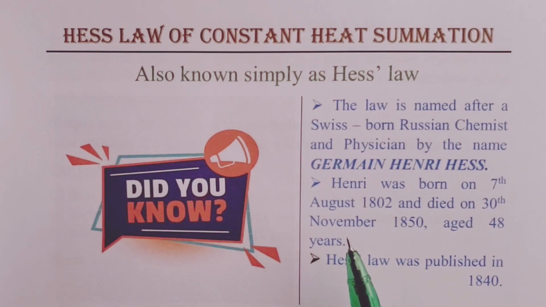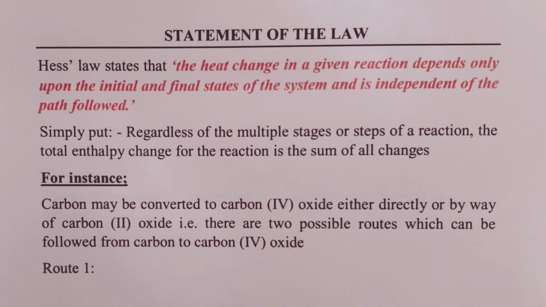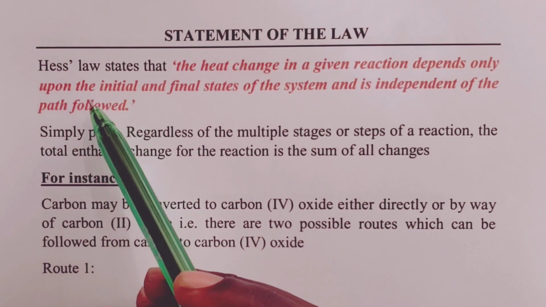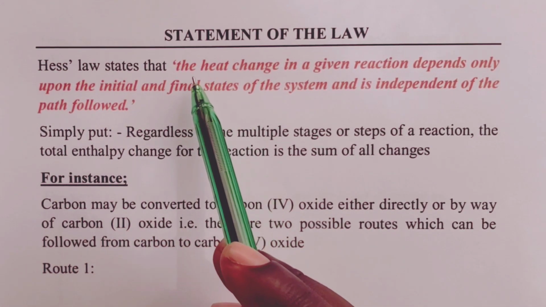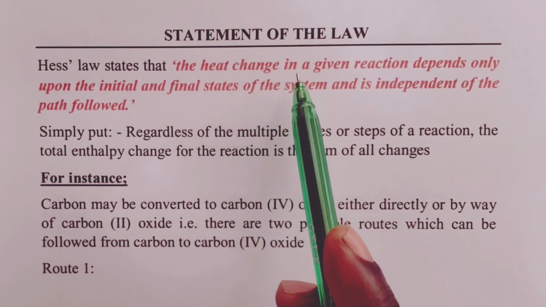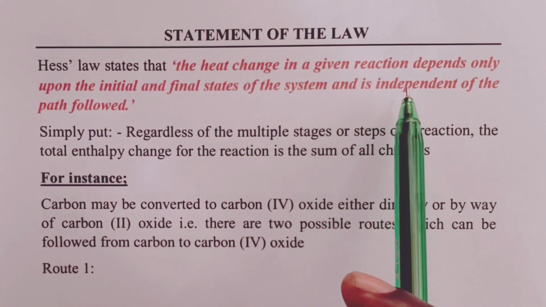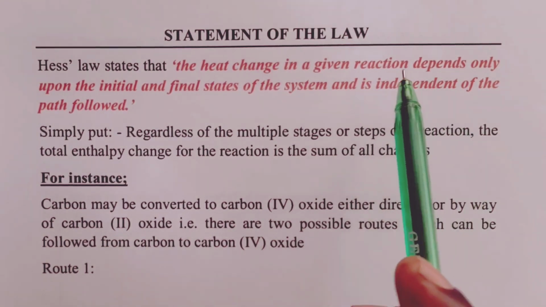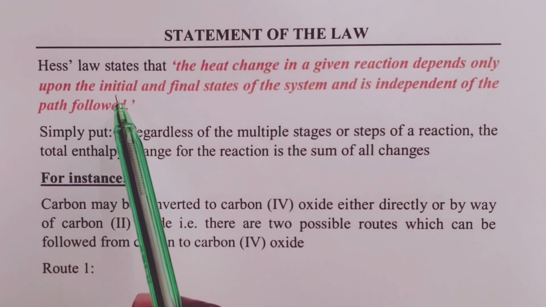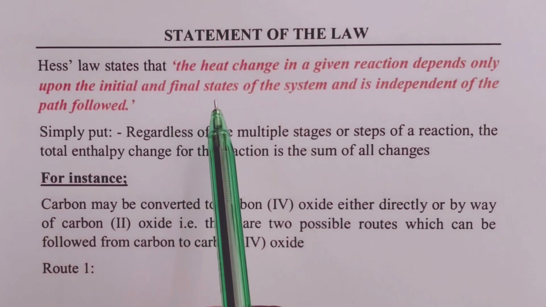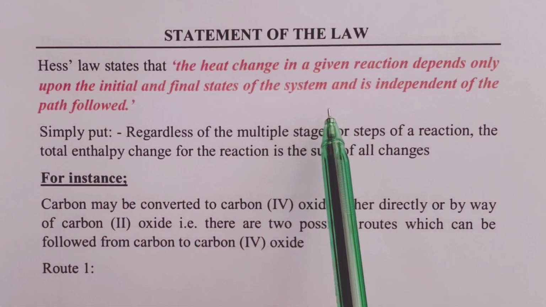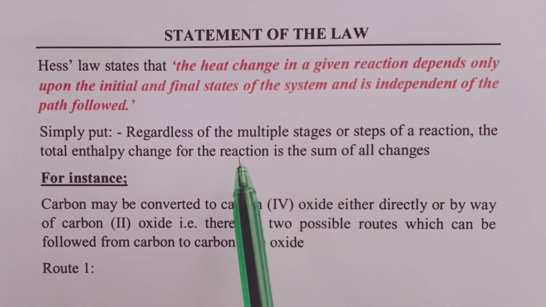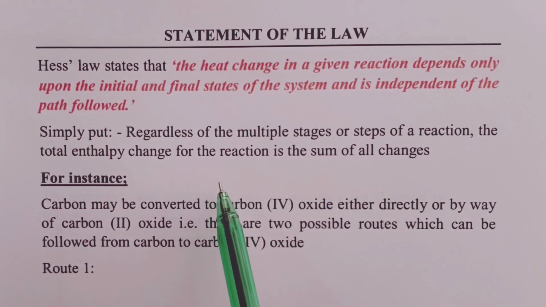Let us move on to the statement of the law. Hess's Law states that, and I quote, "The heat change in a given reaction depends only upon the initial and final states of the system and is independent of the path followed."